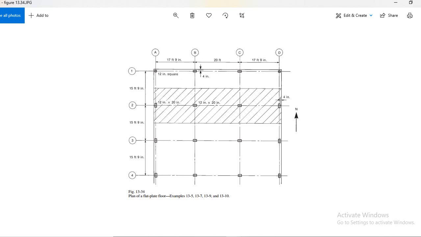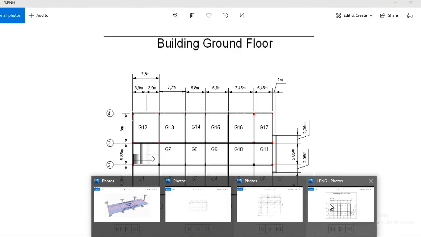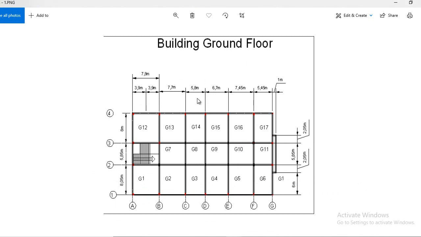But if you look at this diagram, the adjacent spans in this zone, like in grids A, B and C, are nearly the same, but here you see 5.8, 6.7. So due to these changes in the grids, it will cause unbalanced moments at this column, at this column.